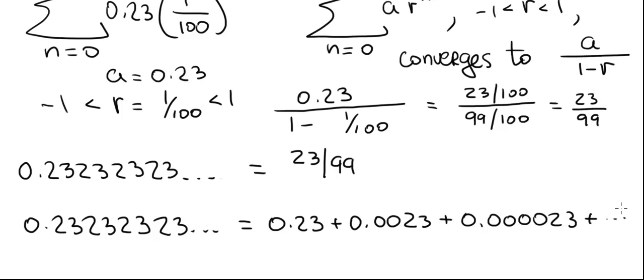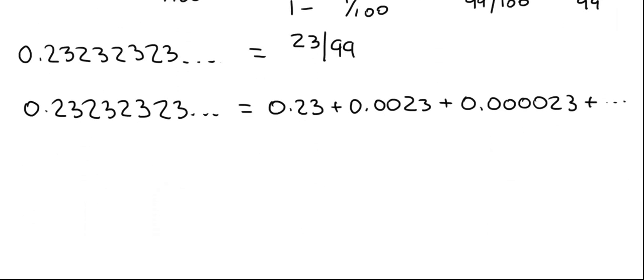We know that this is a geometric series because all repeated decimals are geometric series, and so very important that we understand the common ratio r is 0.01, and this r is 0.01 in any common ratio. If you take any two terms like that and divide, you'll get 0.01.